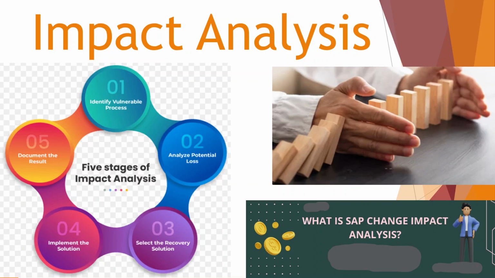If you see this particular slide, I have given a total of 3 images here. The right hand side, the first image on the top, clearly shows what is called impact and how the impact happens and what all it can do, and how we can prevent it from impacting further.